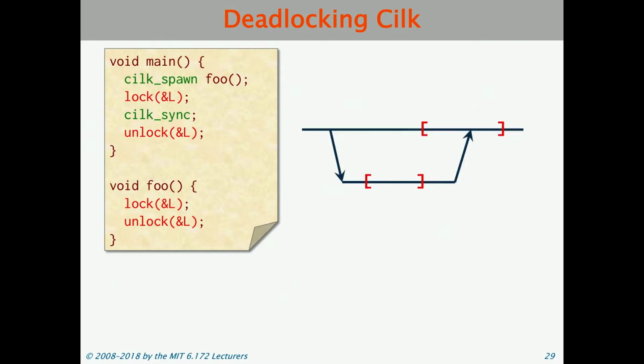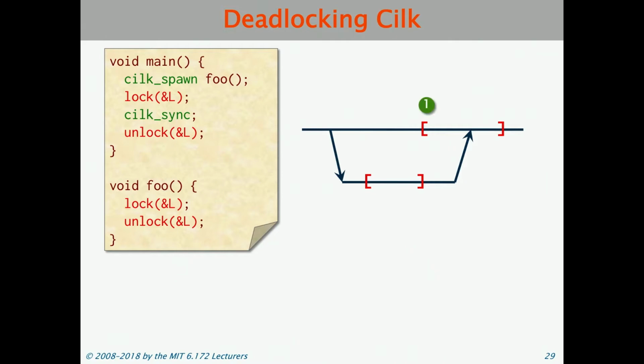The locking I've drawn with an open bracket and the release with a closed bracket. So I'm spawning off foo, which is the lower part there, locking and unlocking, and up above I'm locking and then unlocking. So what can happen here?